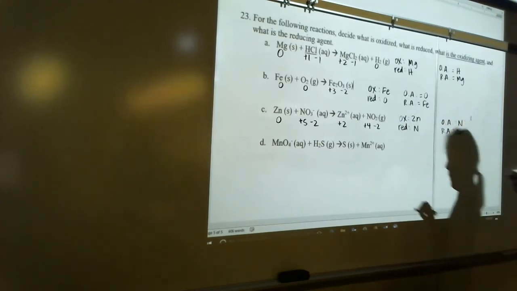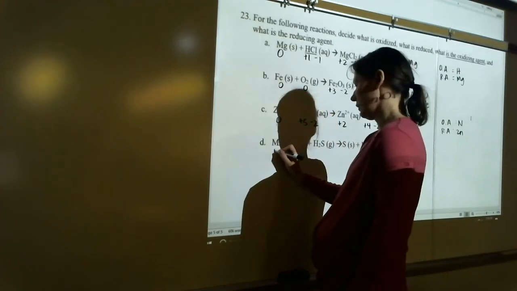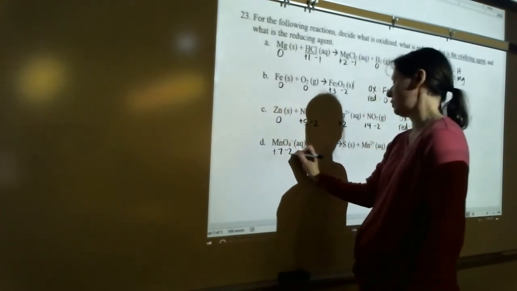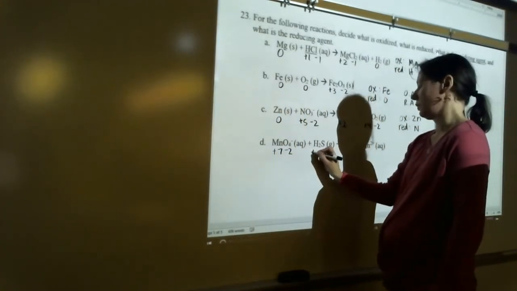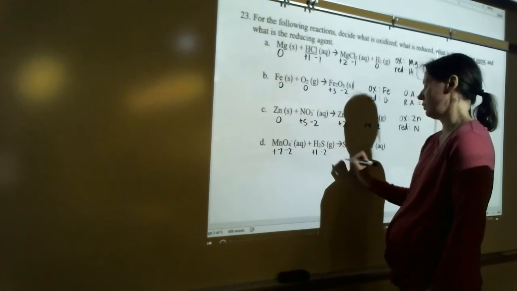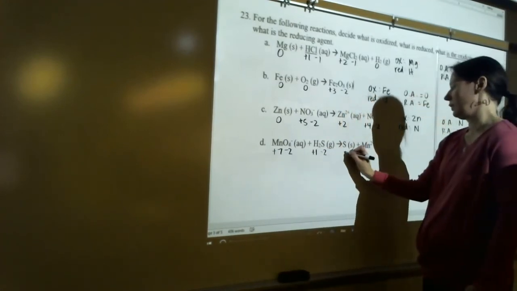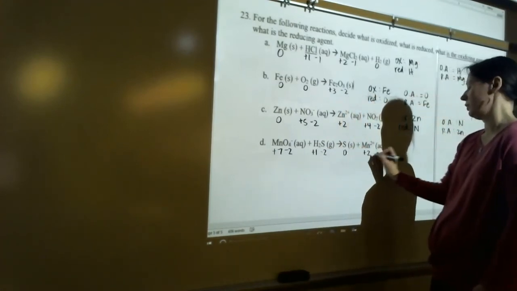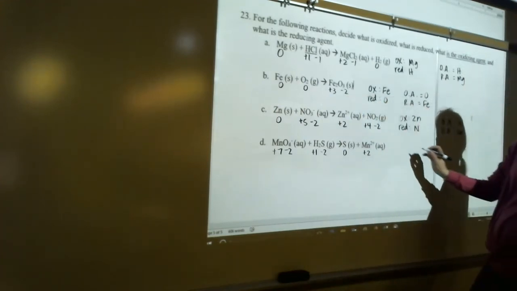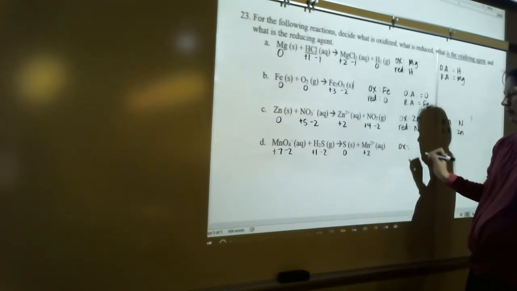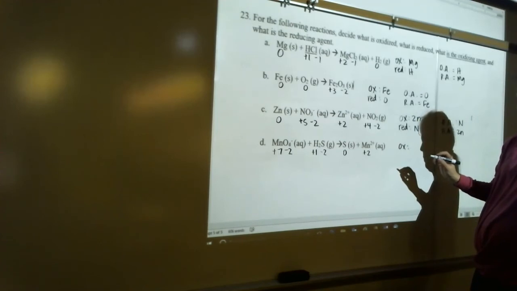And lastly, let's see, this is plus 7, minus 2. This is plus 1, minus 2. This would be 0. This would be plus 2. Okay, what got oxidized? Plus 1, negative 2.